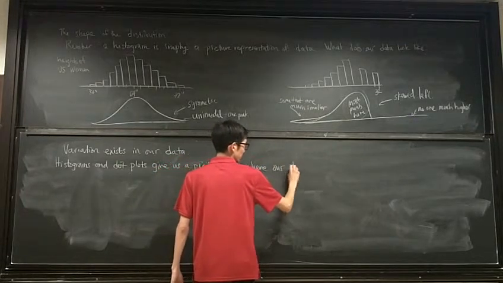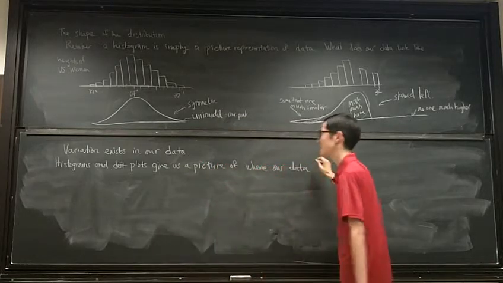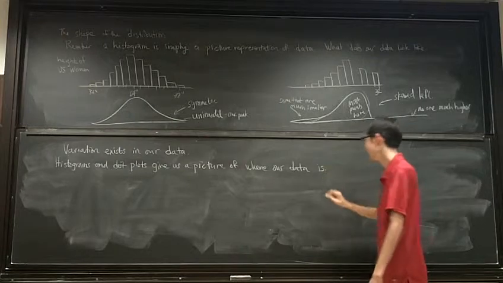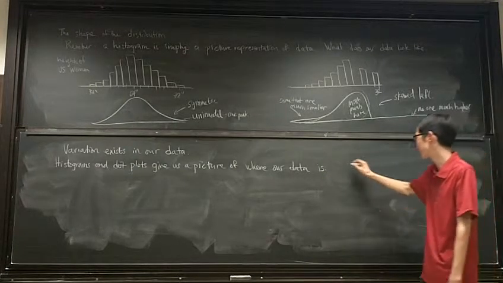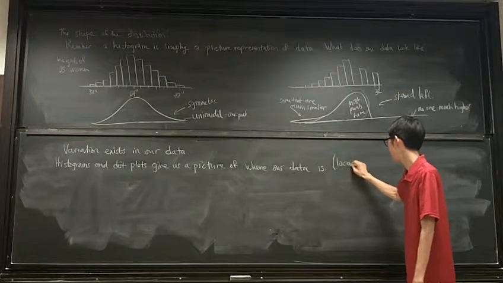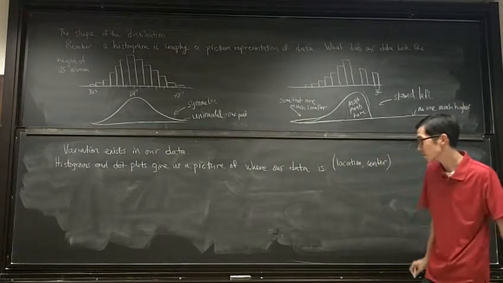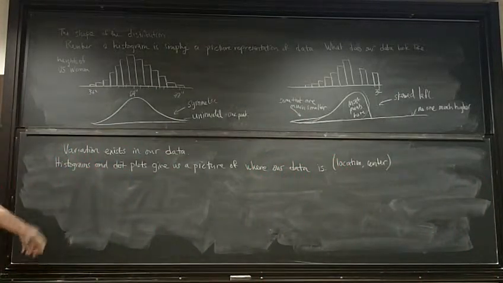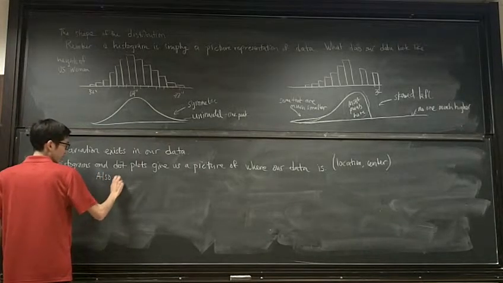Where our data lies, where our data is, so either location or center, and also gives us a picture of our variation or the spread.